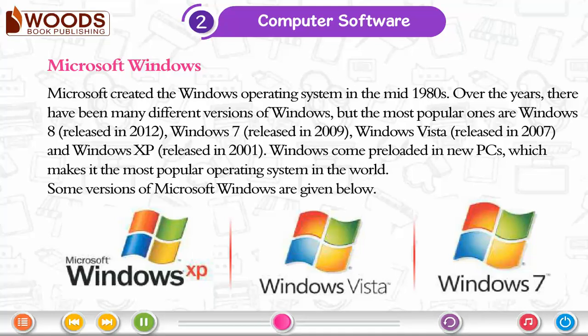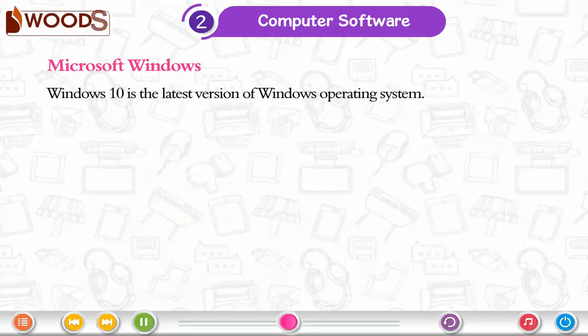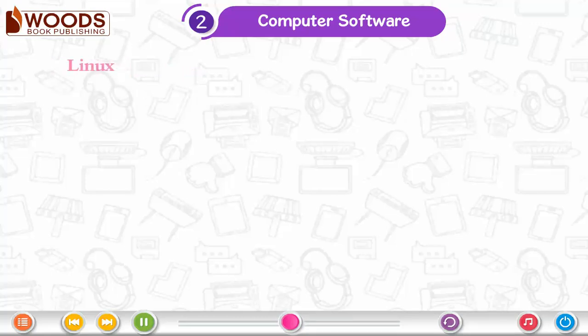Windows comes preloaded in new PCs, which makes it the most popular operating system in the world. Some versions of Microsoft Windows are Windows XP, Windows Vista, Windows 7. Windows 10 is the latest version of the Windows operating system.